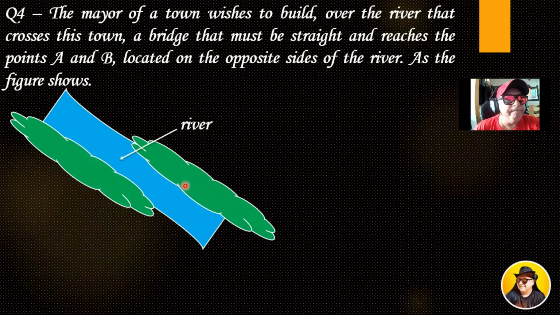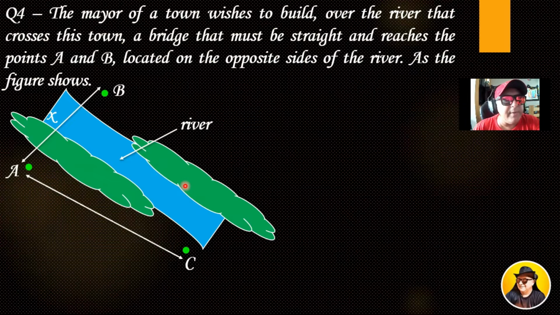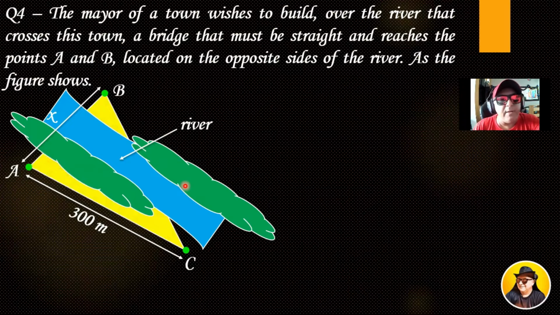Now I have point A, I have point B, and I have an extra point, point C. Well, the distance between point A and point B is x. Probably I'm going to find that value. The distance between points A and C is 300 meters, and they form among them a non-right triangle.